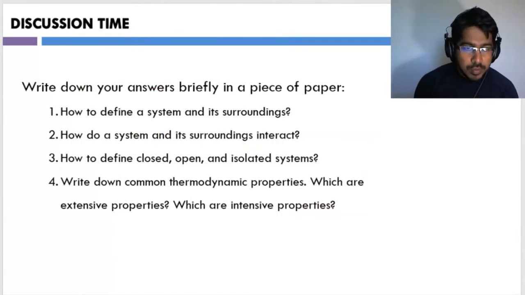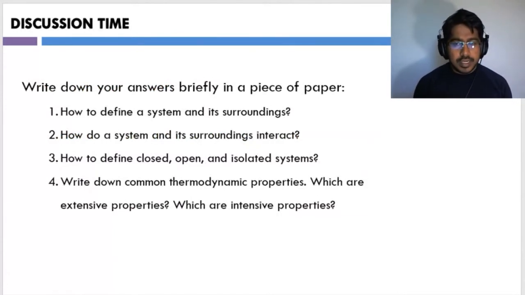Okay, so now let's try to do this exercise. I know that you have not learned thermodynamics before, but I know that all of you know some kind of meanings to these words. Based upon your knowledge, think how to define a system and its surroundings, right? So please think for 30 seconds and type your answer. What is a system and what is surrounding?